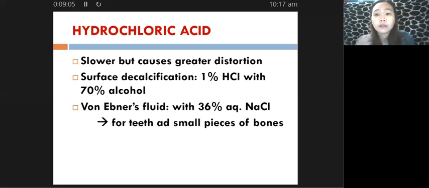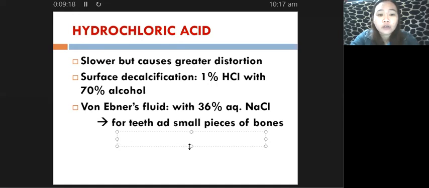Okay, so I already discussed what is surface decalcification, and I mentioned one formulation of hydrochloric acid that you can use for surface decalcification. So one formulation of your hydrochloric acid for surface decalcification is your 10% hydrochloric acid. Okay?